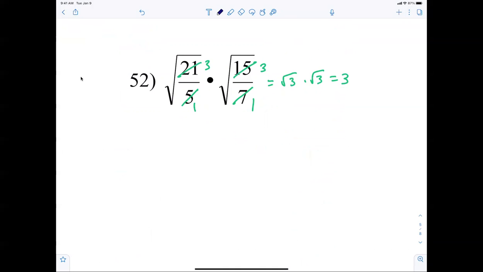Right, you're just reducing the fractions. And then it ends up being square root of 3 times square root of 3. Oscar, is that all good now? All right, anybody else? All right, work on the odds, please. Knock those out quickly while I post this video, and then you have everything done.